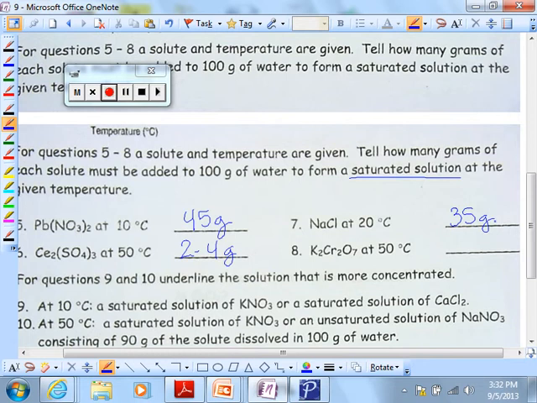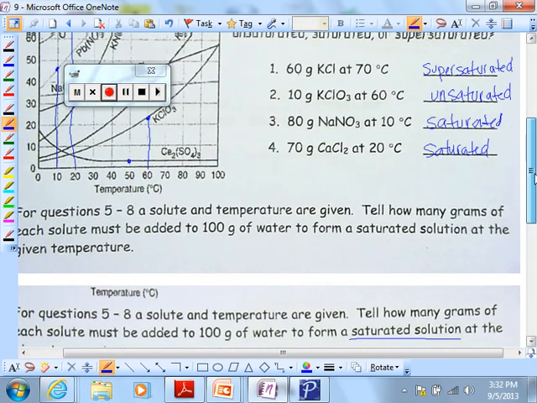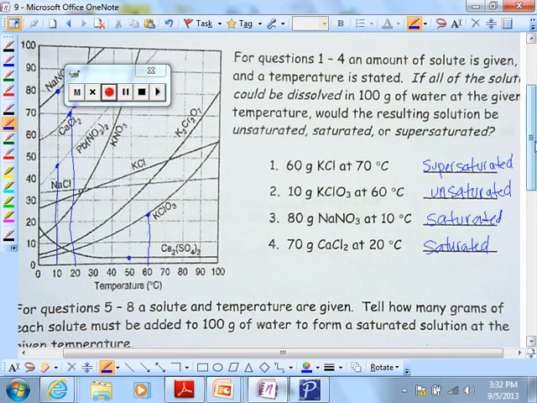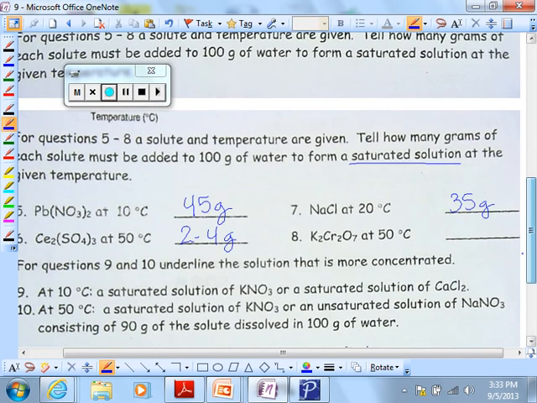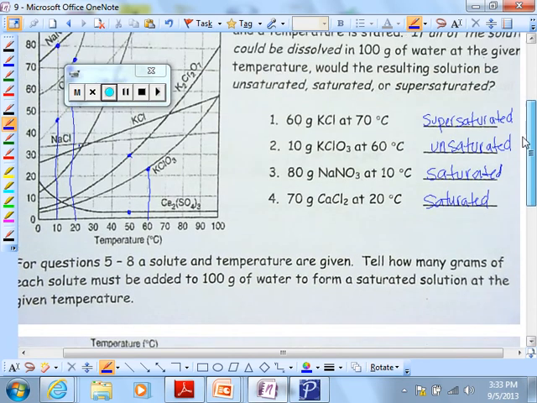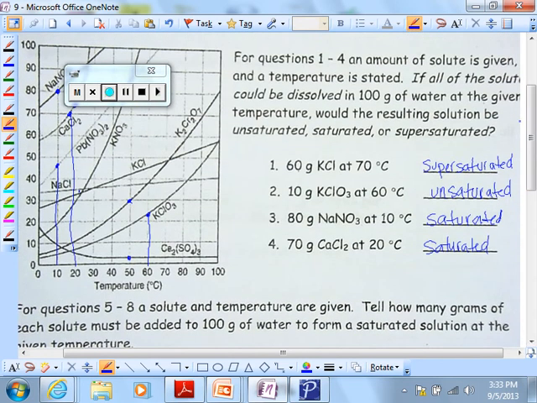And then potassium chromate at 50. So as we increase the temperature, we should be becoming more soluble. Potassium chromate at 50. Oh, yeah, right there. Okay. 30 grams. Notice most of these lines are sloping, and so they're going to get exponentially larger as the temperature goes up.